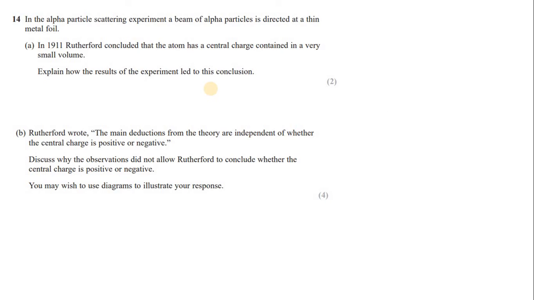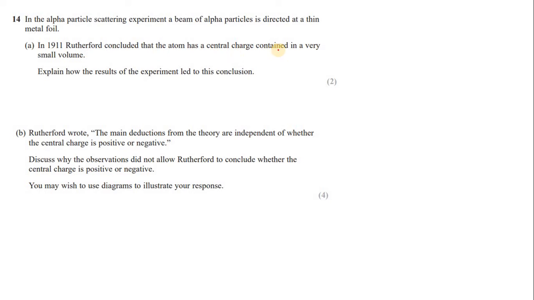Question number 14. In the alpha particle scattering experiment, a beam of alpha particles is directed at a thin metal foil. In 1911, Rutherford concluded that the atom has a central charge contained in a very small volume. Explain how the result of the experiment led to this conclusion.